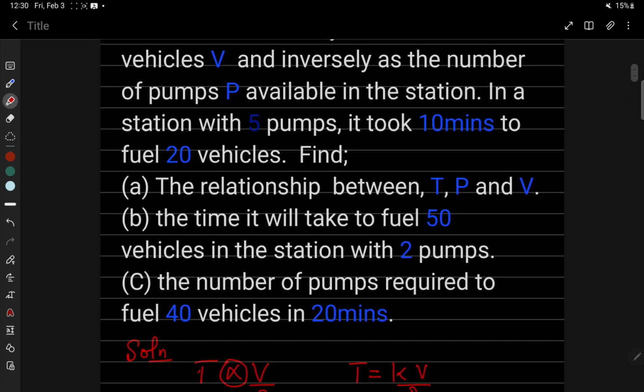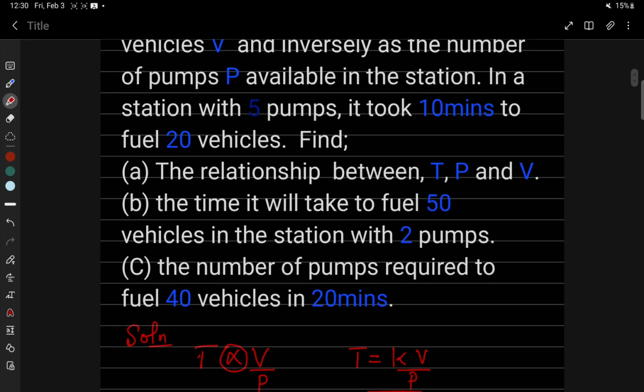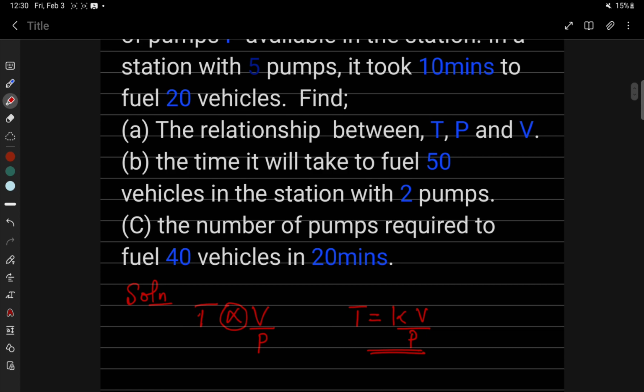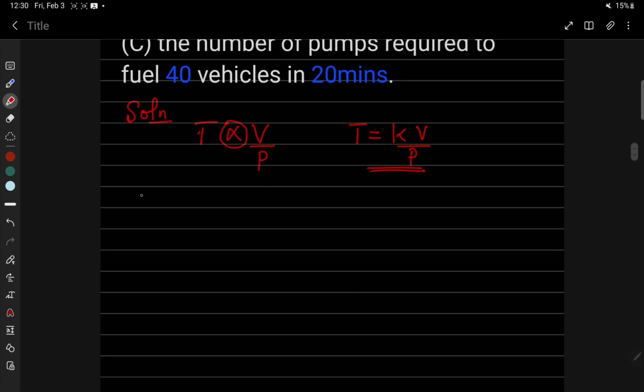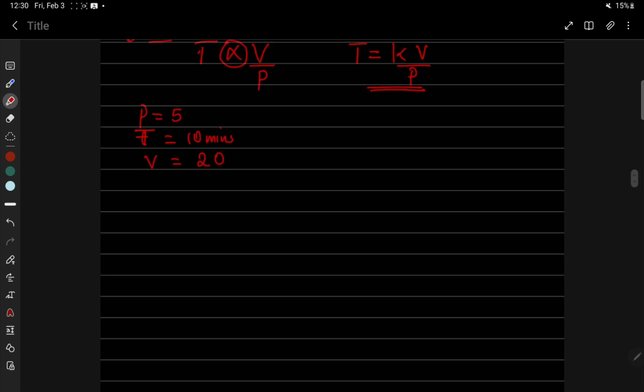Now, from the first set of values, we are told that in a station with 5 pumps, it took 10 minutes to fuel 20 vehicles. So we have the number of pumps, 5, the time, which is 10 minutes, then the number of vehicles, 20.